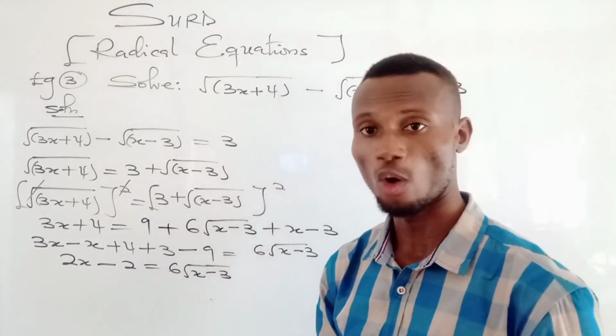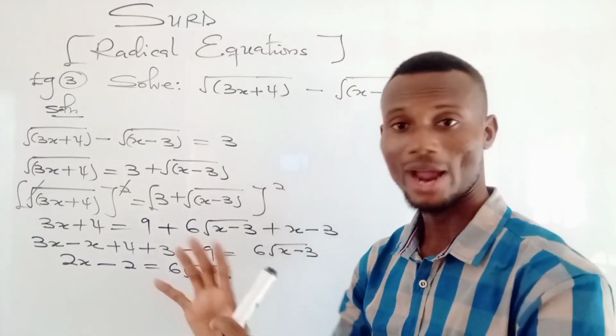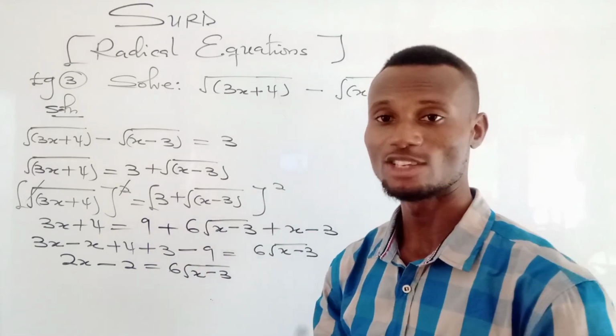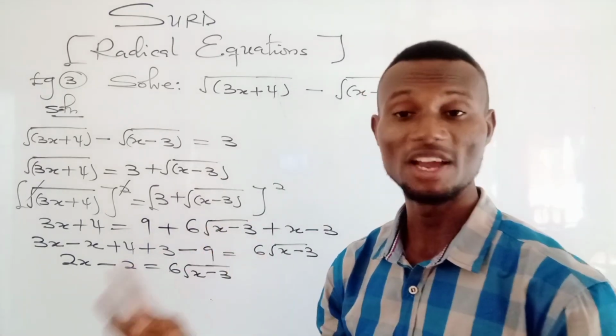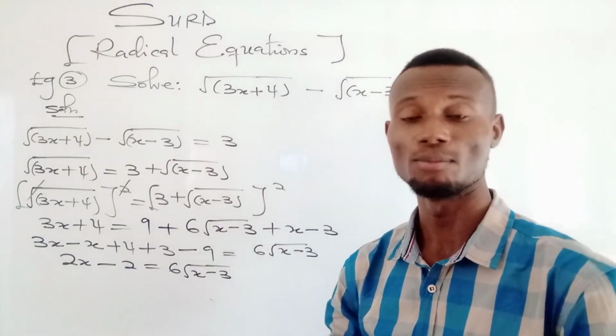It is not wrong, whilst it is of this form, to square both sides straight away. You get the same answer, but just that you'll be working with big values. I don't want to work with big values. I want the equation to be very simple for us to be able to solve further.